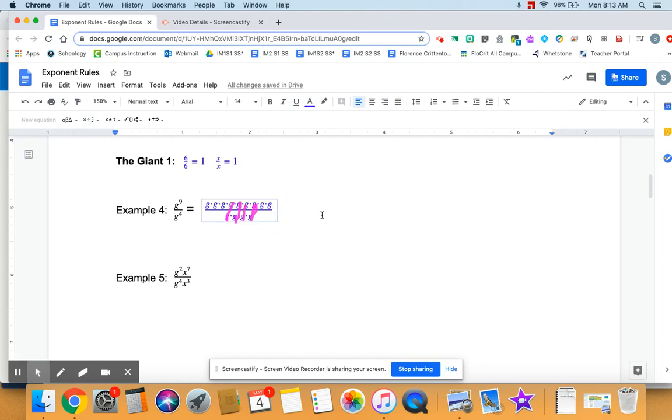Which means if I were to rewrite this, on top I have g. Oh no, what happened to all my 1s? g times g times g. But then the next 4 g's became 1s.